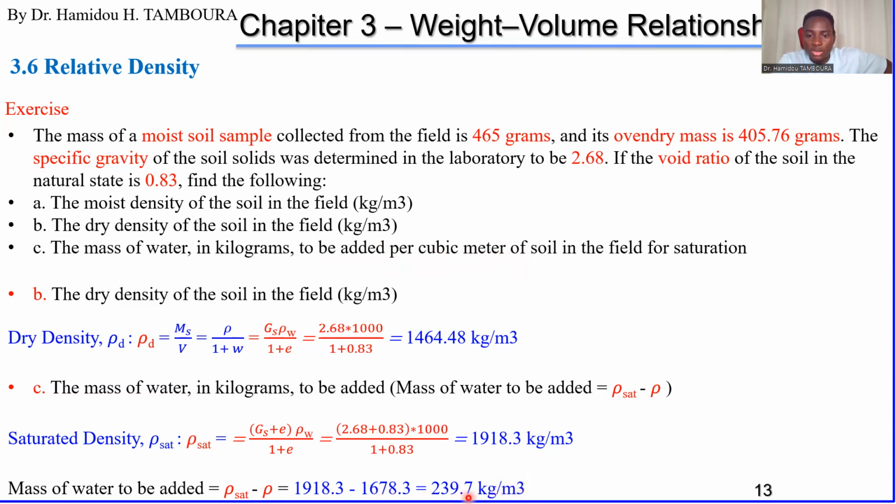So that's why you can easily use this. If it was only the mass of water, that would be maybe a little bit complicated. But here it's saying mass of water per cubic meter.